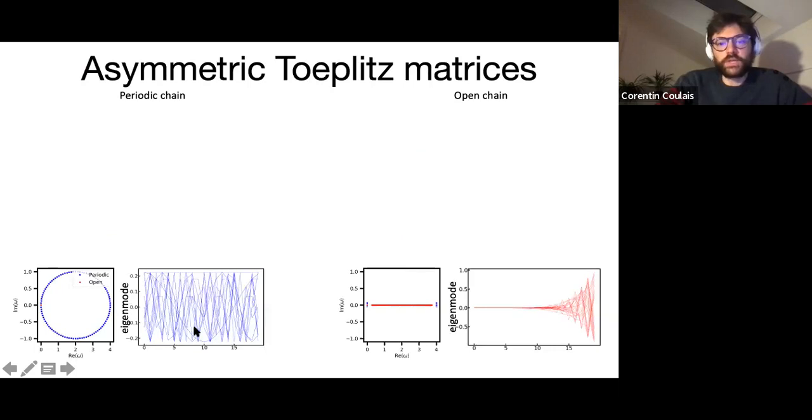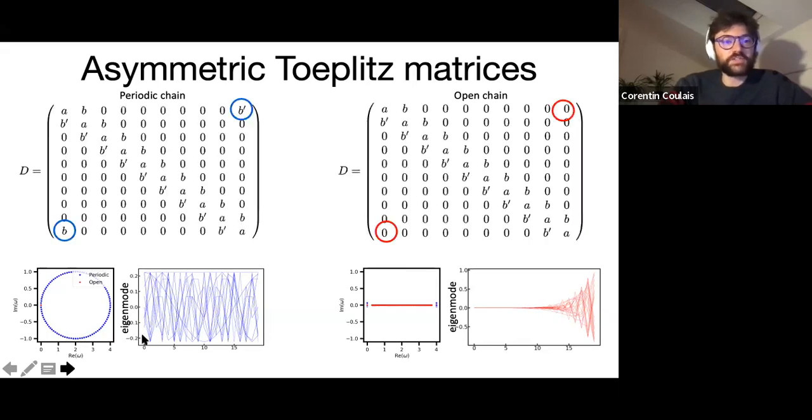So if I recapitulate, we have a very strong difference between periodic and open chains. And at the end of the day, you can make this connection with the winding number, but mathematicians know this very well. What we actually have, what's a Hamiltonian or dynamical matrix, is a Toeplitz matrix. Because it's a system that is translation invariant, you have the hopping parameters or the stiffness that are the same along diagonals.